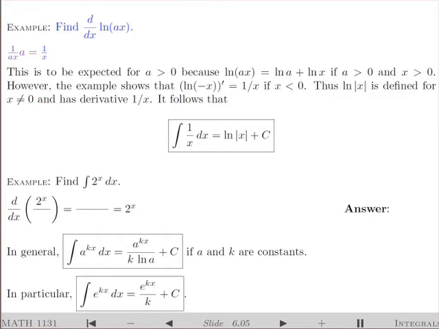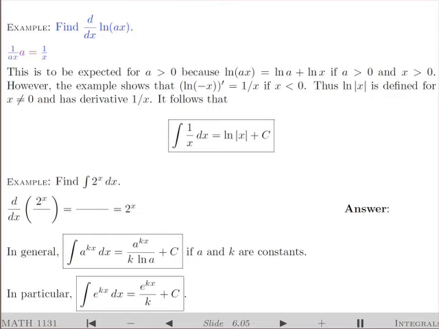It just involves logarithms. But what if a is negative? Well, let's take the simplest negative number, negative 1. ln of negative x also has antiderivative 1 over x. Now, when I said all antiderivatives differ by a constant, I was leaving out an important qualification, because in practice it doesn't matter as much.